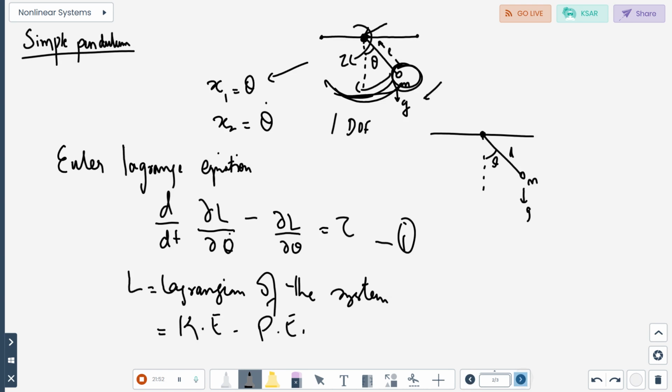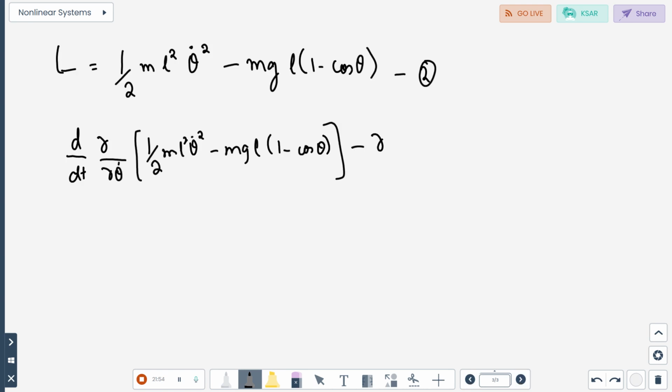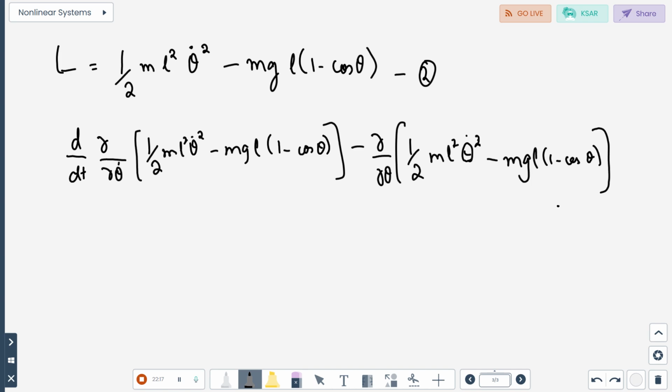minus del L by del theta of L, that is 1/2 of ml square theta dot square minus mgl (1 minus cos theta) is equal to tau, the thrust input U. So differentiating this with respect to theta dot, so this is a partial differentiation.